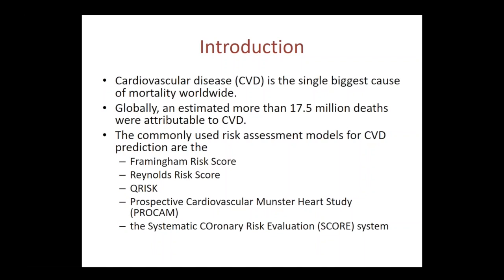And in order to reduce the chances of CVD, at least in Australia and most parts of the world, when people turn the magic number, typically 45, they get a risk score, which is based upon the modified Framingham model, and which uses certain parameters about our health.